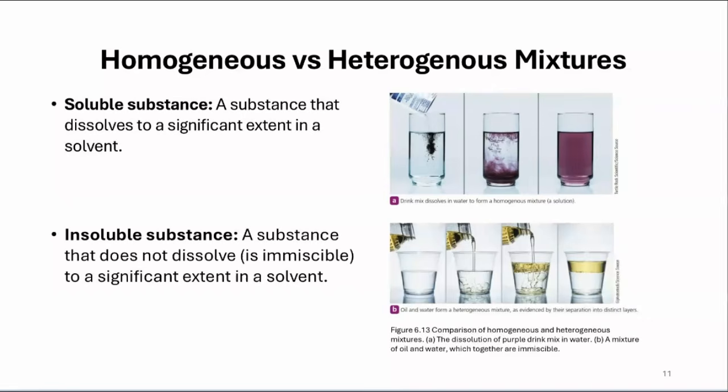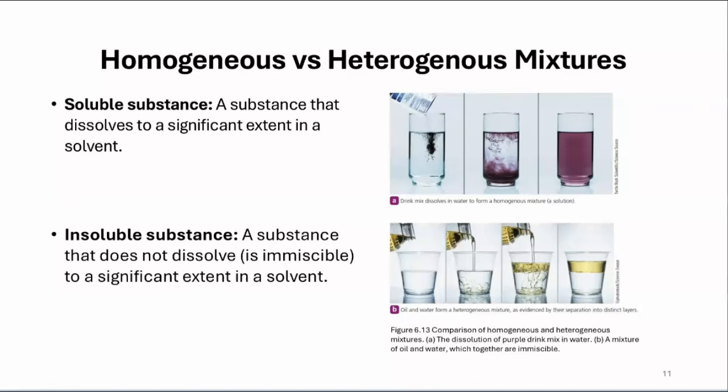If molecules or substances are not going to be soluble in one another, they make heterogeneous mixtures. And when it comes to this, we know that heterogeneous mixtures, for the most part, are going to be made by insoluble substances. An insoluble substance is going to be those substances that do not dissolve.